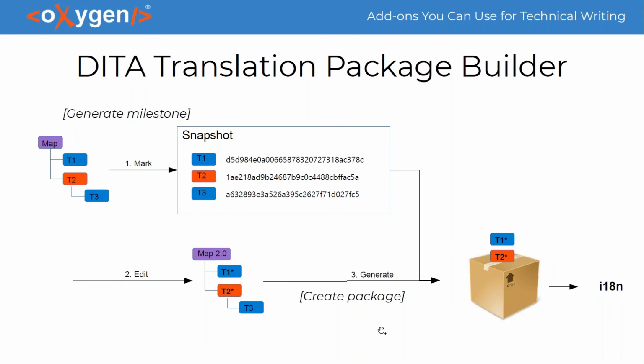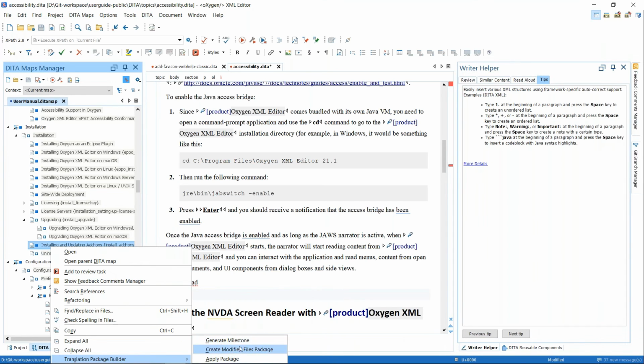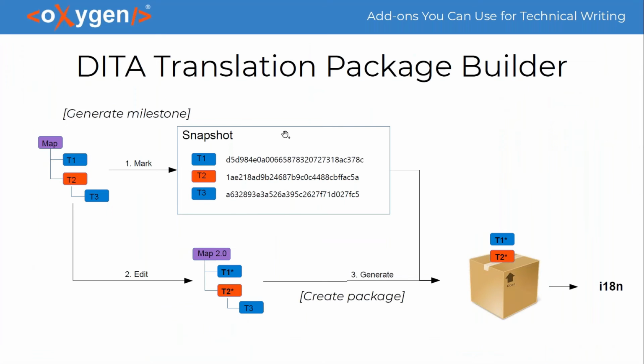And the topics. And when you want to send a package to translation, there's another action, the create package. This one, the create modified files package, will use the information stored in this milestone file to detect just which topics changed, and it will put just those topics in the package, in the archive, that you can then send to translation.